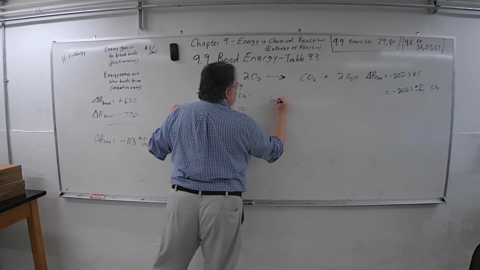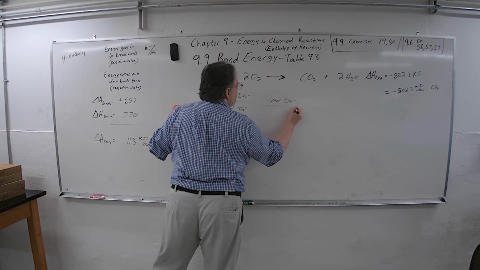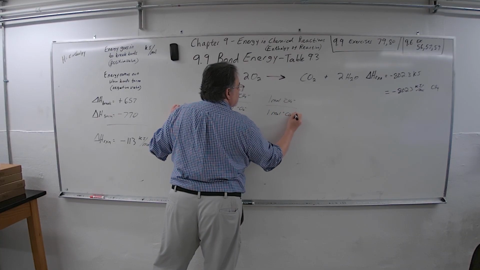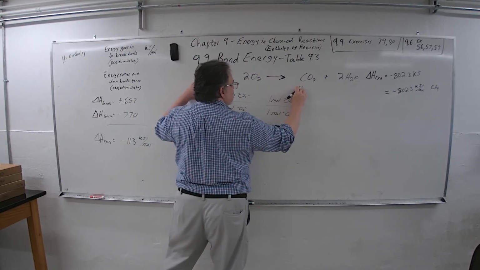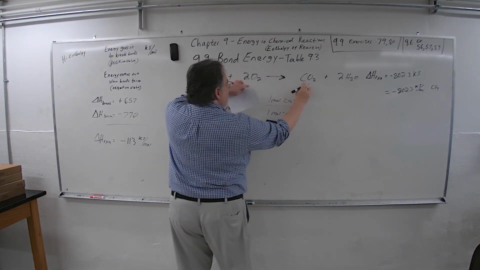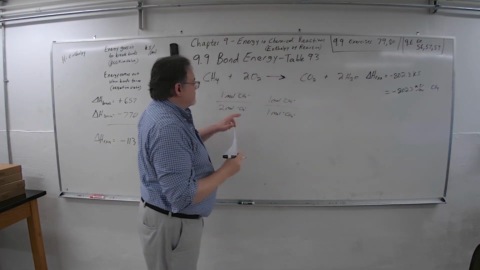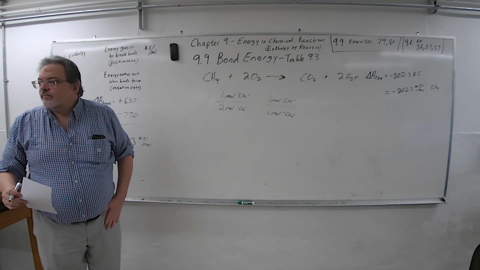You've got 1 mole of CH4 to 1 mole of CO2. So there's that relationship, and more. There's really 6 relationships like this in there. You remember me telling you that?